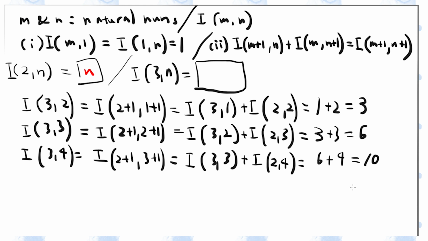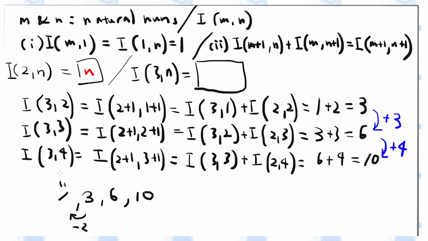This is 10. So the outputs can be expressed as a sequence. The previous term is 3, and before that is 1. 1 is just 1. 3 is 1 plus 2. 6 is 1 plus 2 plus 3.